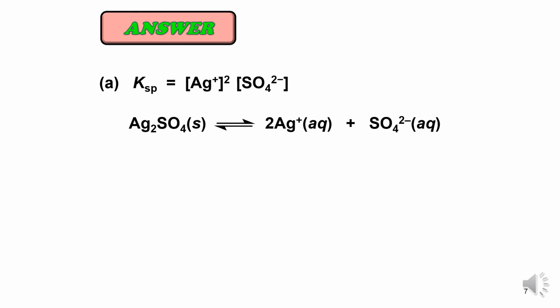So we write the equilibrium equation. Silver sulfate solid produces 2Ag+ aqueous plus SO4 2-. Make sure the equation is balanced. B. Ksp equals [Ni2+] to the power of 3 times [PO4 3-] to the power of 2.